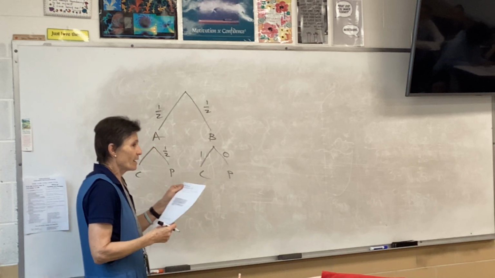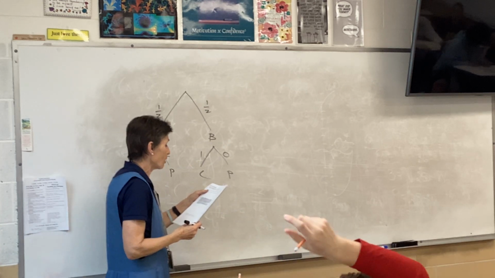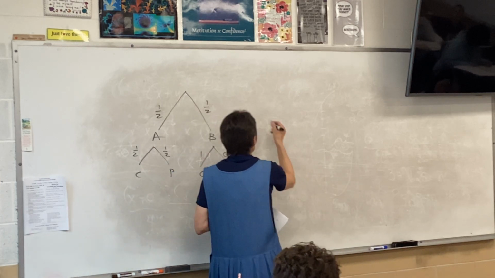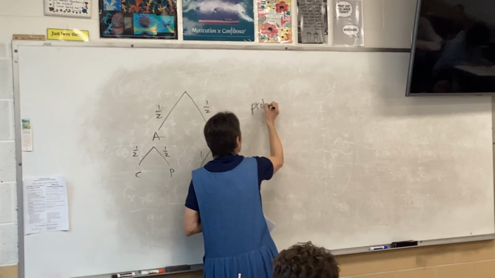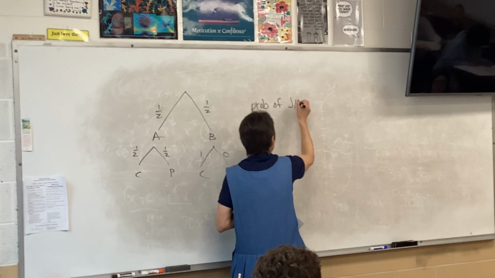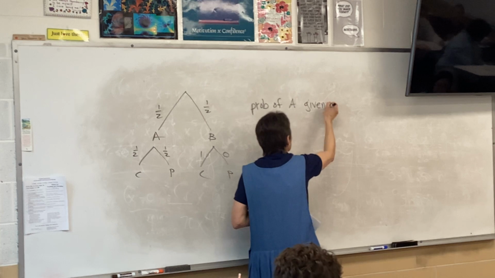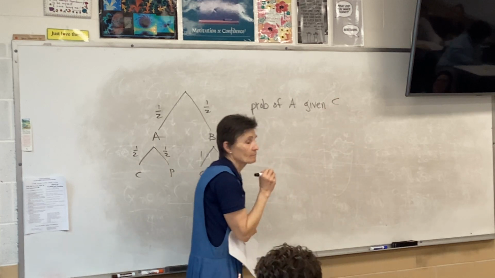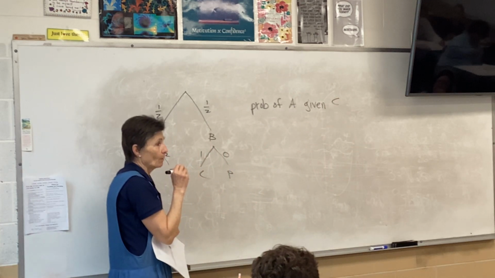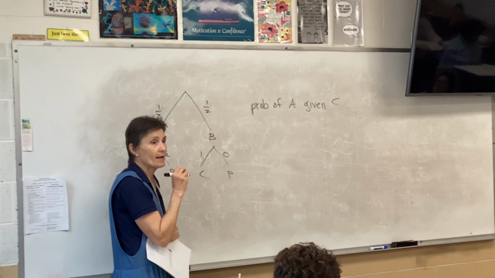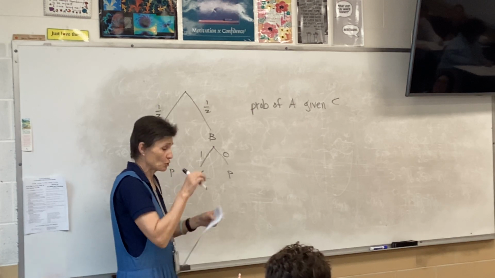It was part B that I messed up, because part B says find the probability of jar A given chocolate chip cookie. Okay, I had that turned around. The probability of jar A, given that I got a chocolate chip cookie.